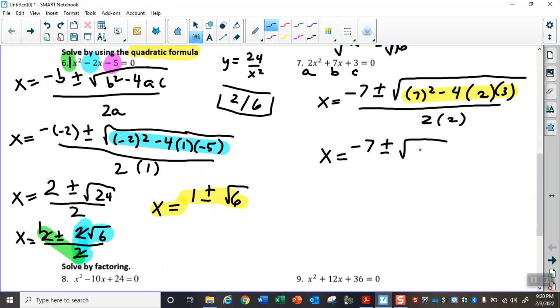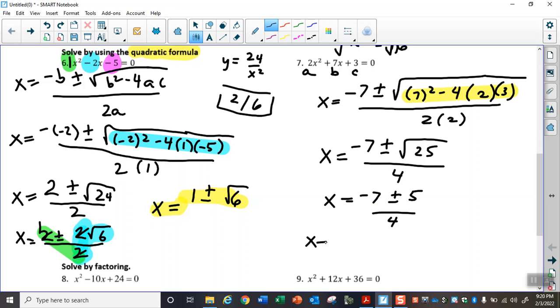Oh, minus 24. So that gives me 25 when you put that into Desmos, and then 2 times 2 is 4. And so now I've got x equals minus 7 plus or minus the square root of 25, which is 5, and that's all over 4.